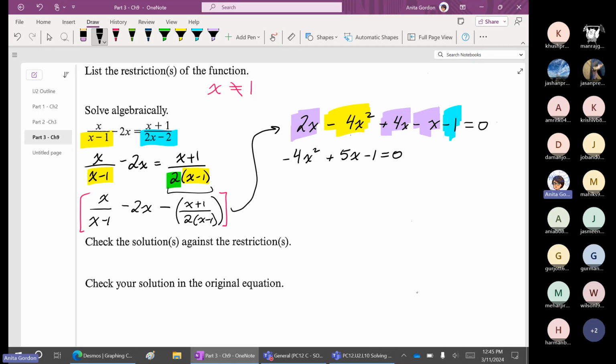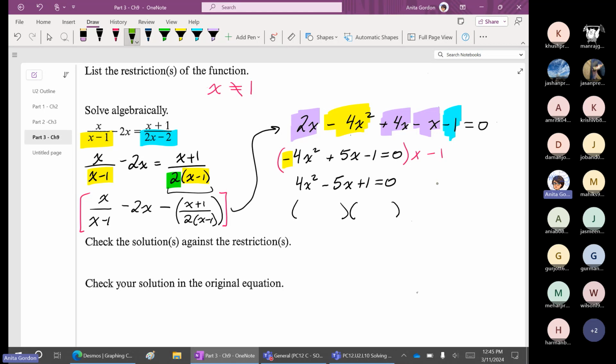The other thing I'm going to mention is when you have a leading coefficient that is negative, multiply everything by -1. Change all the signs. Negatives are a pain to deal with. So we want our leading coefficient to be positive. And this will allow you to factor much more simply. So again, two numbers that multiply to 4 times 1, which is 4, but add to -5.